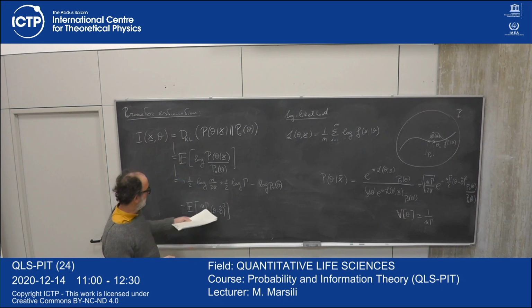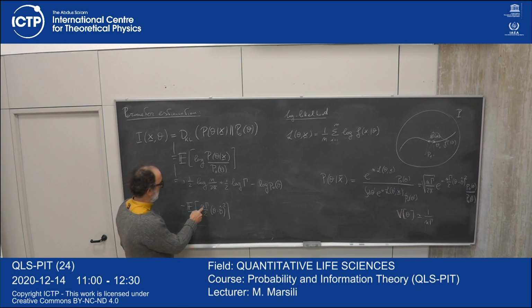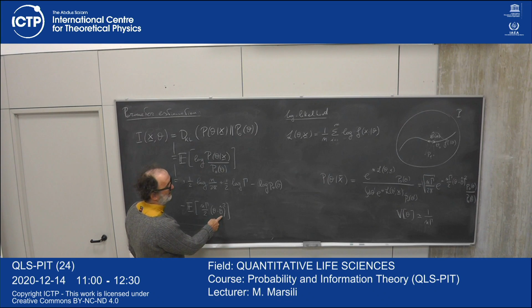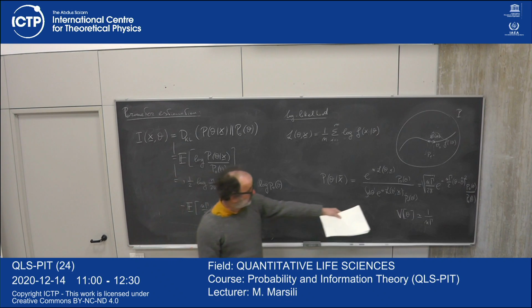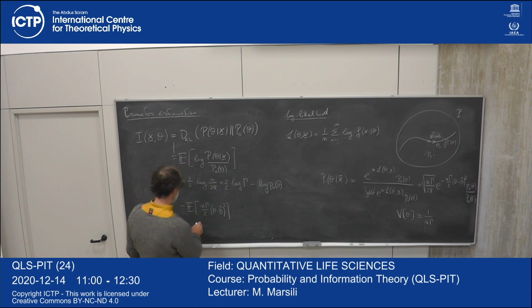Now, this is just n gamma over 2 times the expected value of theta minus theta hat squared, but this is just the variance of theta, which is 1 over n gamma. So this term here is just equal to 1/2.